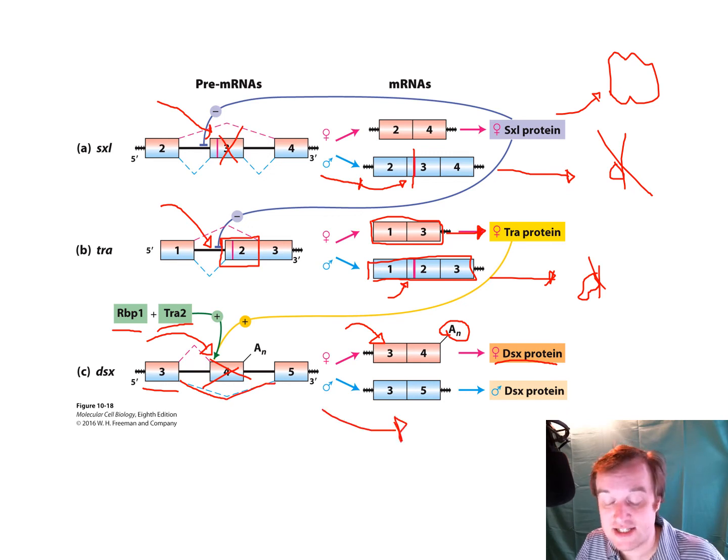So this leads to the male version of the DSX protein, which will then go on to express genes leading to male development. So alternative splicing isn't only a way to make different versions of very similar proteins, it can lead to this big cascade that can lead to differentiation in sexual organs and sexual development as well.